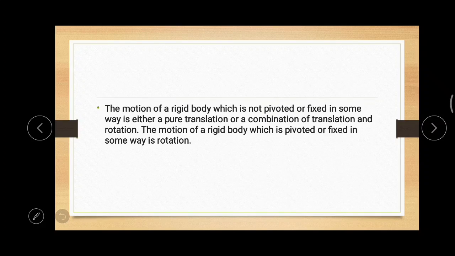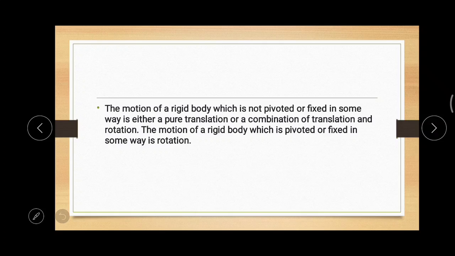Now, the motion of a rigid body which is not pivoted or fixed in some way is either a pure translation or a combination of translation and rotation. So if the axis of rotation is not fixed at a point, then such movements may be a pure translational or a rolling motion.